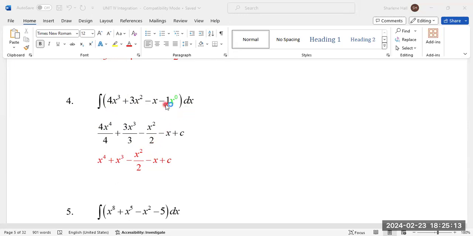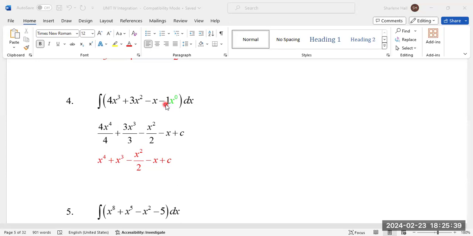But I put this here because you have x to the 0. We know that anything raised to the power of 0 is 1. So I don't have to write x to the 0. I really don't. But I put it there just for emphasis to show you that there is an imaginary x to the 0 beside the constant.